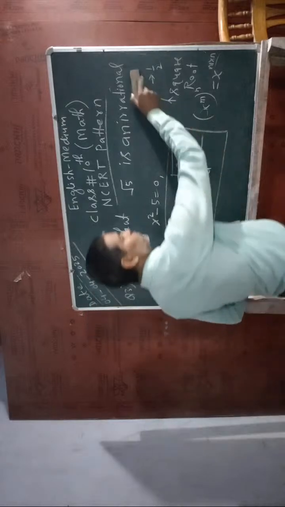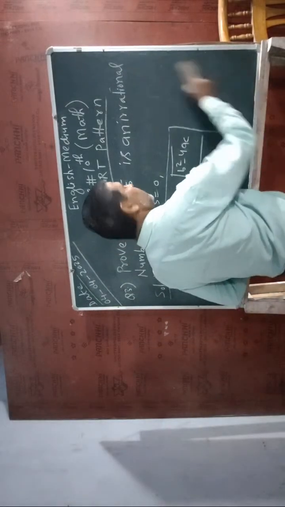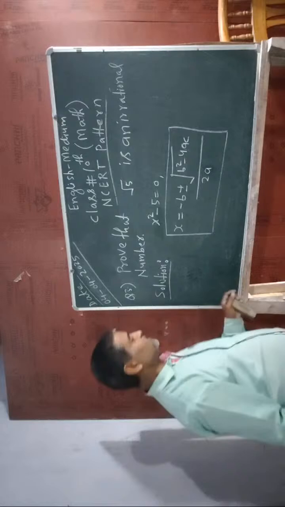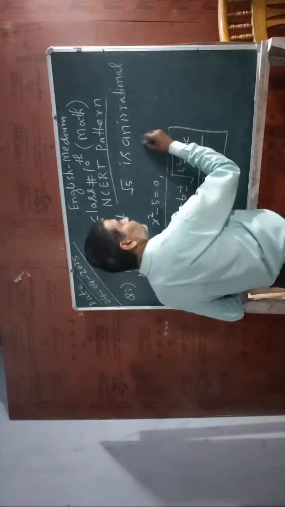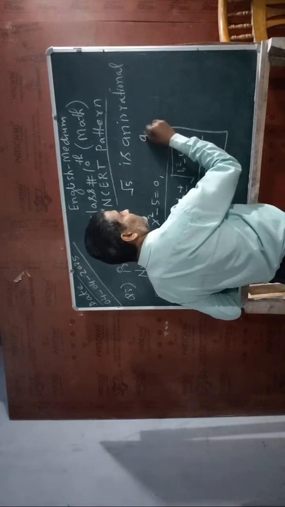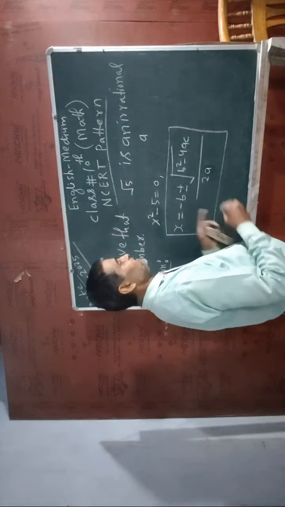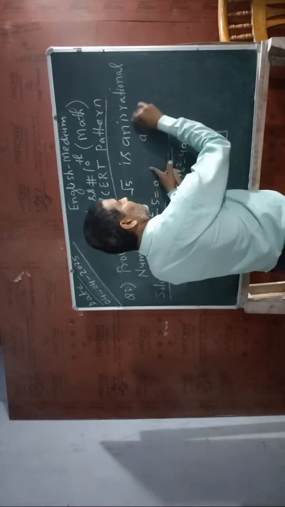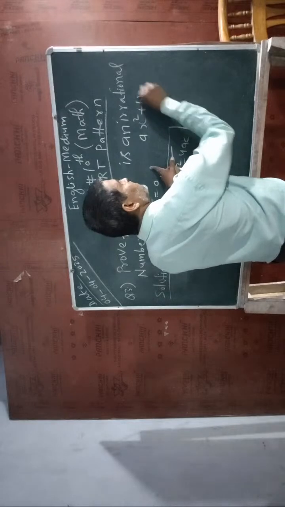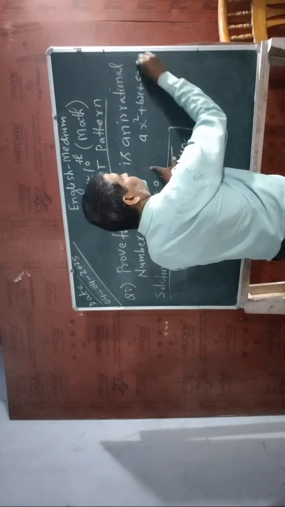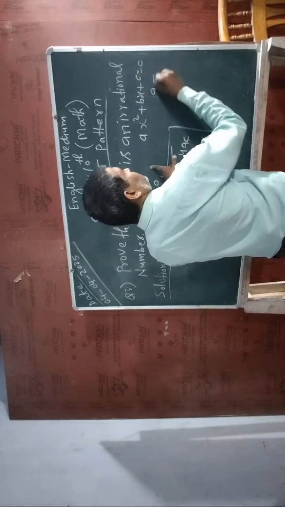So I am going to erase this one, and I am going to write the general quadratic equation in general form: ax square plus bx plus c is equal to 0, but a cannot be 0.